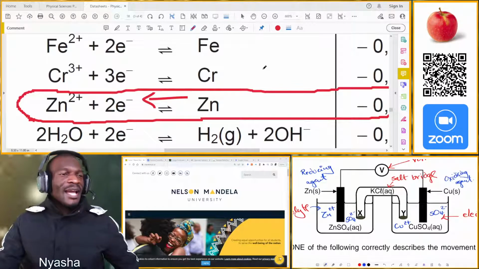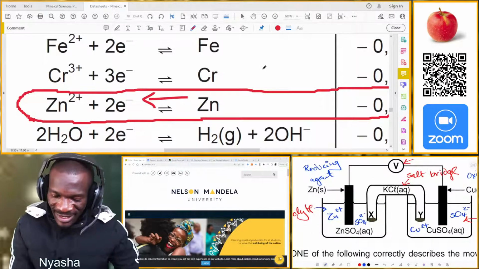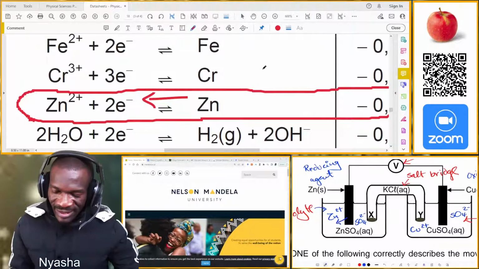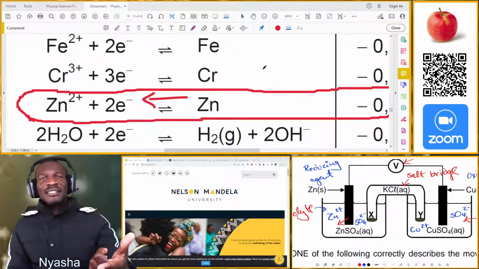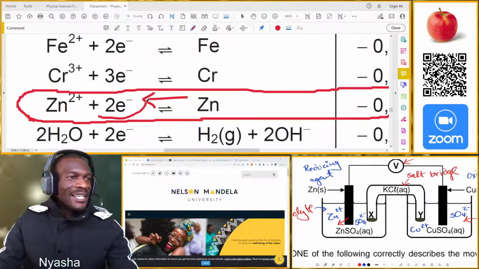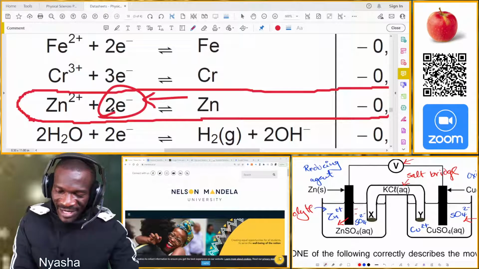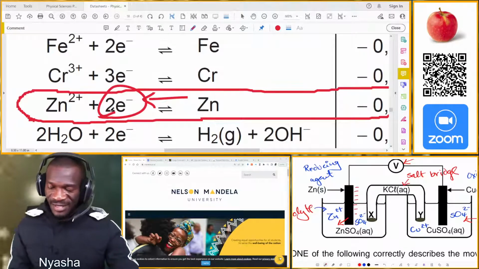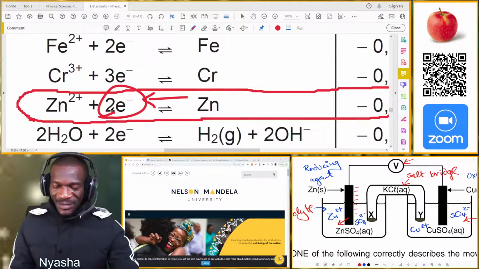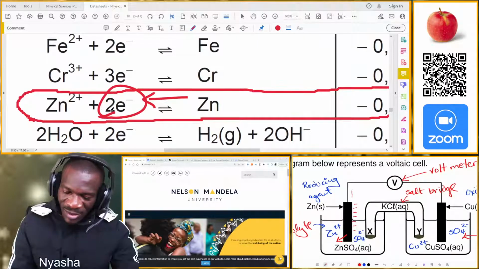That's the only way our zinc can donate. So this means our zinc is dissociating from its metal state into solution by donating electrons. So what happens when it donates electrons? Then we have an excess of electrons on this terminal. Right, so if we have an excess of electrons, these electrons are what will be driven.